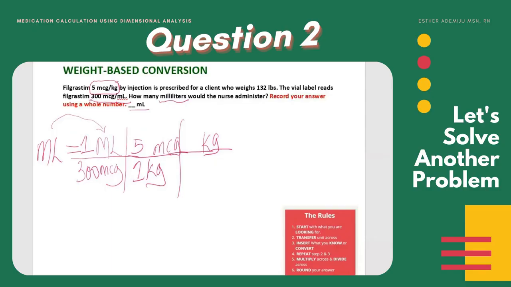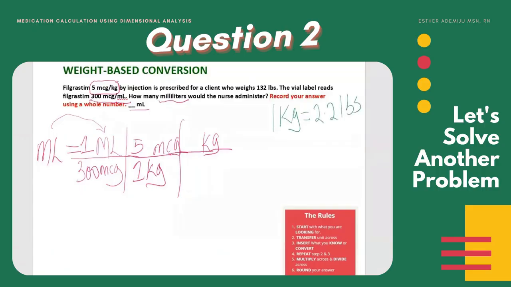But there's a problem. I don't know if you noticed, we don't have any other number that has kilogram in front of it. But we have 132 pounds. So how do we make that work? If you go back in this tutorial, we talked about the metric conversion table, and I don't know if you caught it, but one kilogram equals 2.2 pounds.